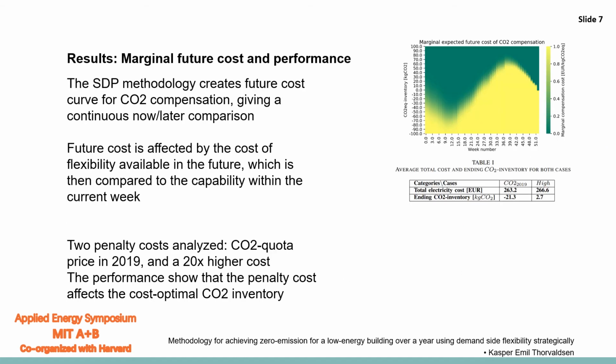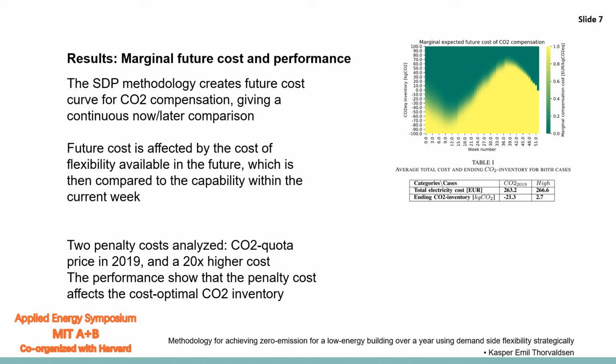So in the results section here, we are showing two steps of the case study that we want to analyze. In the first step, we want to analyze how the SDP methodology creates future cost curves for CO2 compensation, which is shown in the heat map on the top right of this page.